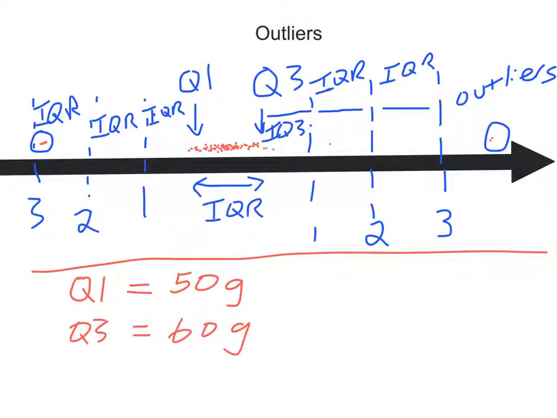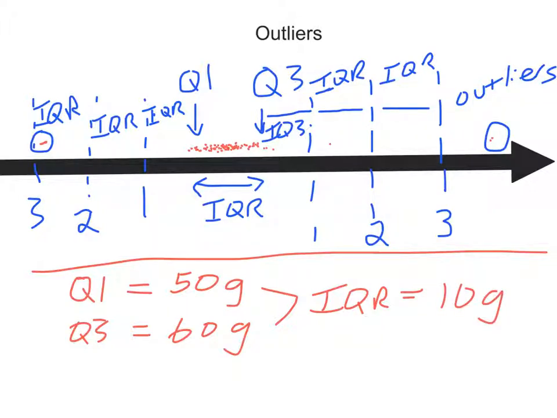Once again, this means that 25% of the data in the data set has a value less than 50 grams, and 25% of the data in the data set has a value greater than 60 grams. Here we see that the IQR is simply the difference between them, which would be 10 grams.